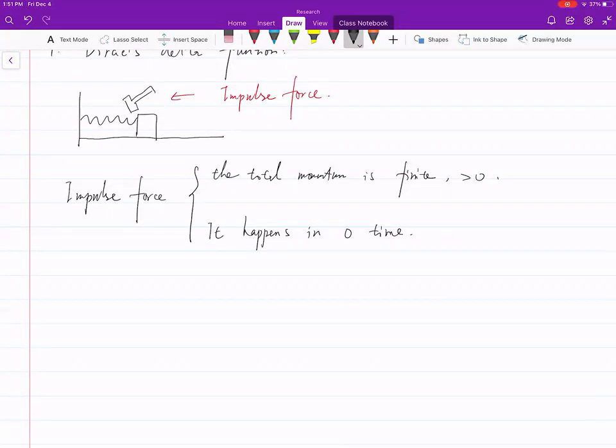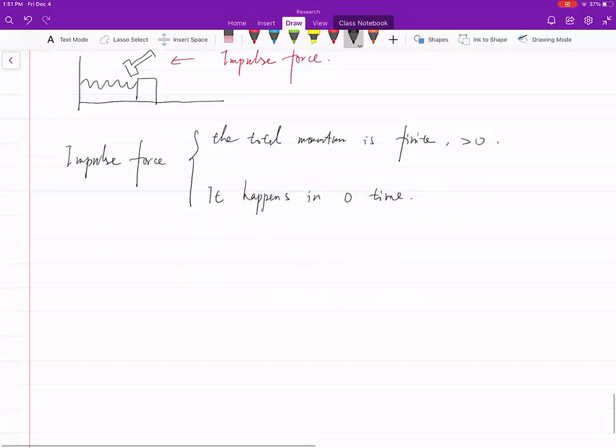Okay. And now what we want to do is put those kind of force into our differential equation. But before that, we need a nice way to write this thing down. Okay, so let's take the delta function at A. Let me write down the properties of this one. Number one, the total momentum is finite. Let's make it just 1.